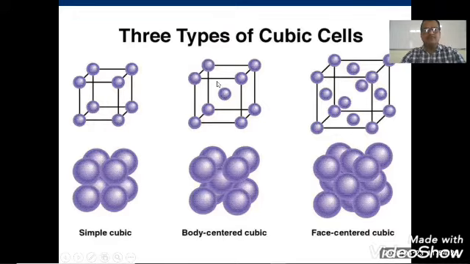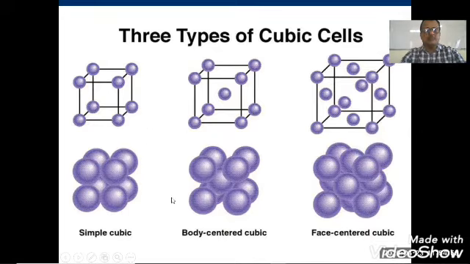This is a BCC unit cell, where units are at the corners as well as one unit at the center of the cubic unit cell. And this is an FCC unit cell, where units are at the 8 corners and each face has one unit at its center. So these are the three different types of unit cell in the cubic system.